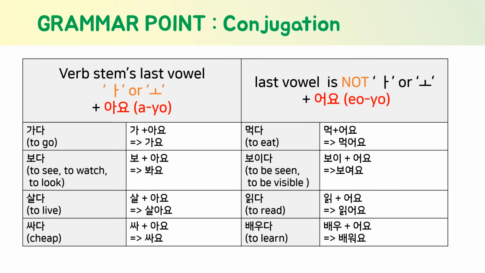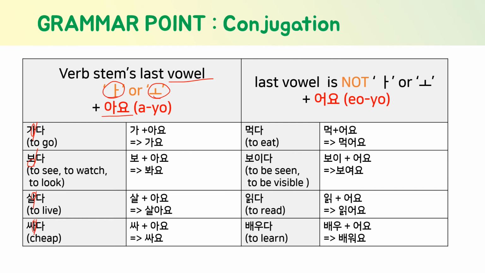So let's practice more. If the last vowel of the verb stem is ㅏ or ㅗ, then you add 아요. Here, 가다, to go, 보다, to see, to watch, to look, 살다, to live, 싸다, cheap. Take a look at the verb stem: ㅏ, ㅗ, ㅏ.